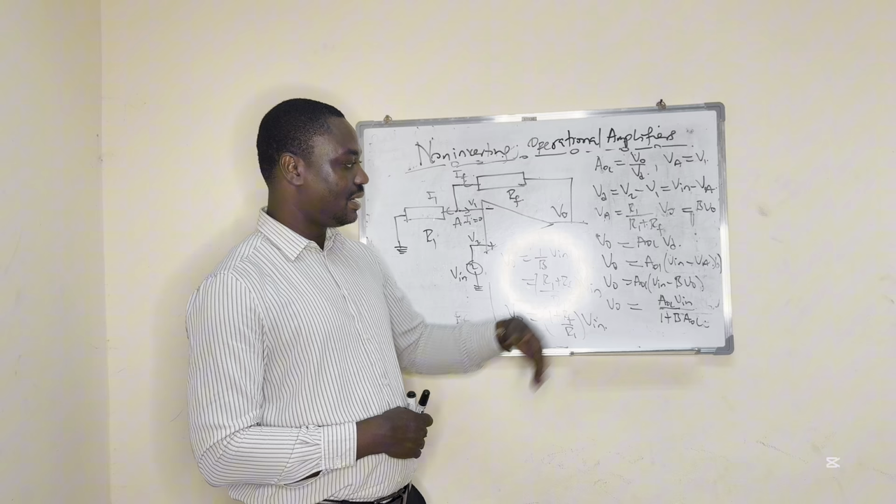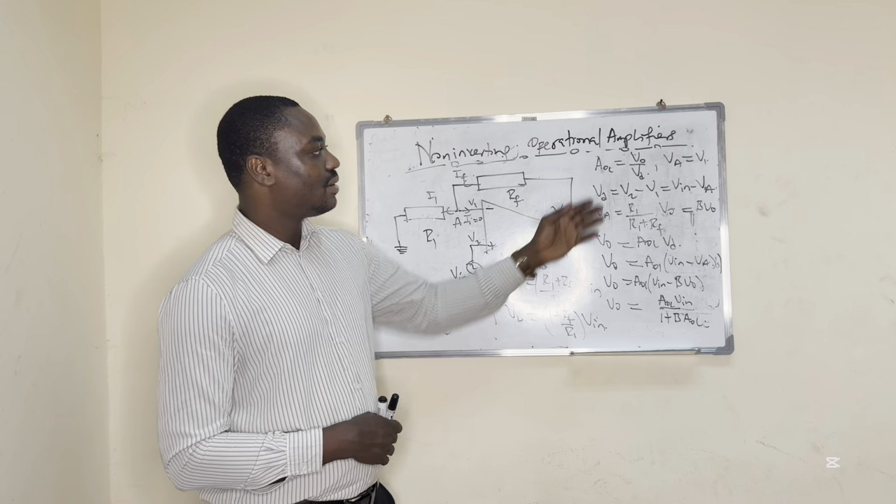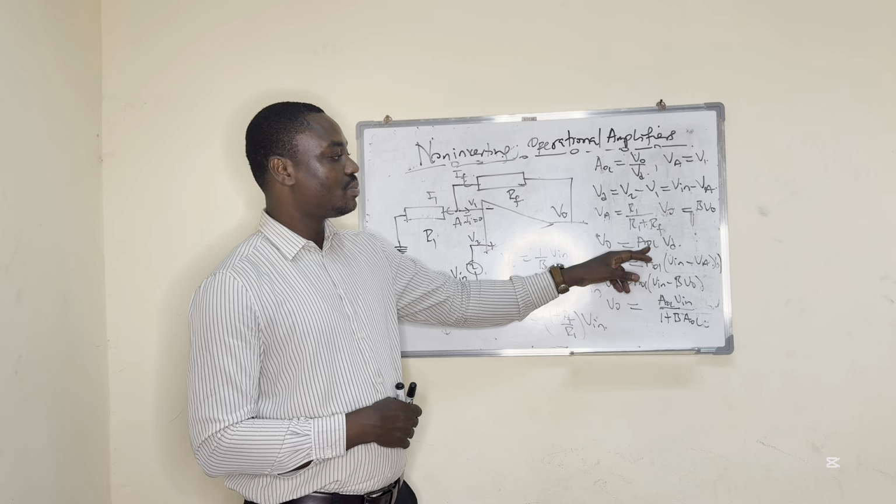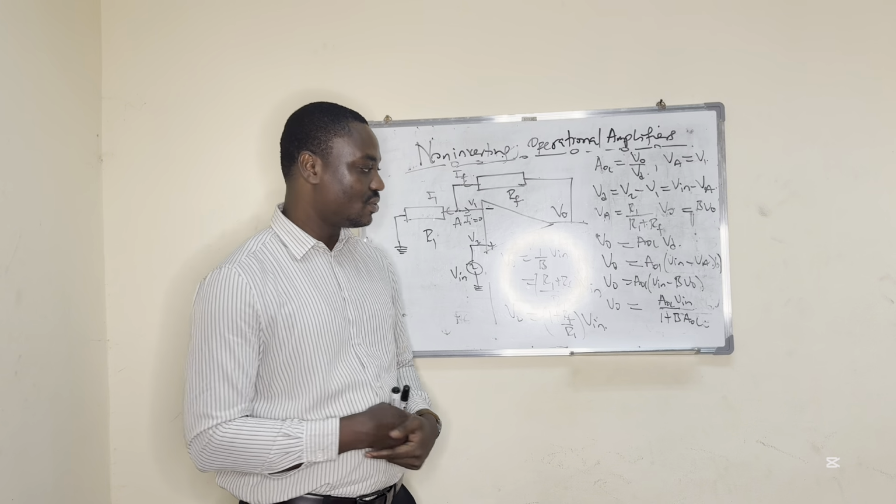So we come here and expand on the open loop voltage gain, which is equal to the output voltage over the differential voltage, that is, the output equals the open loop voltage gain times the differential voltage.